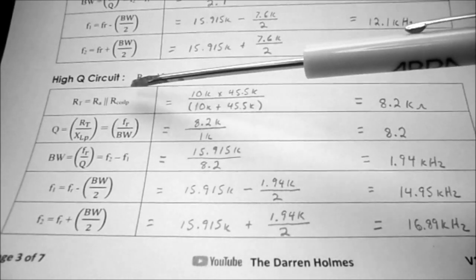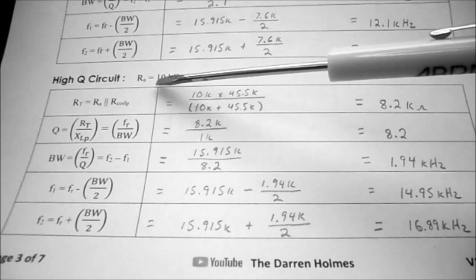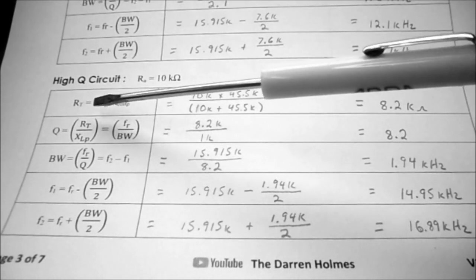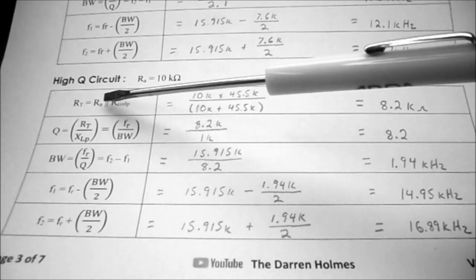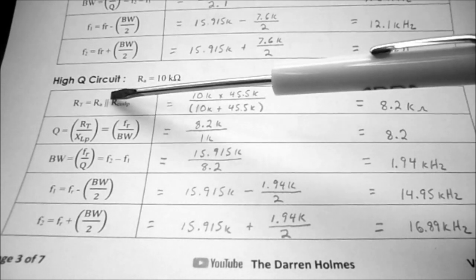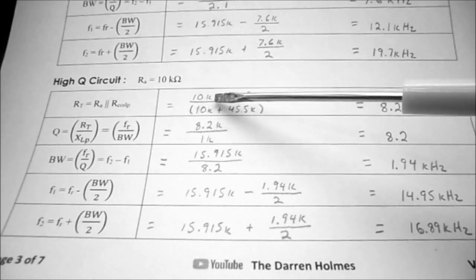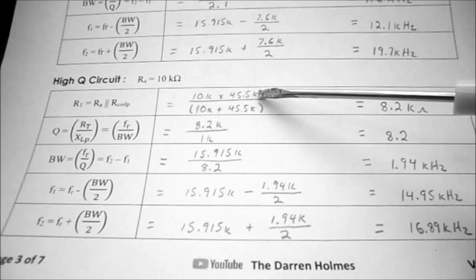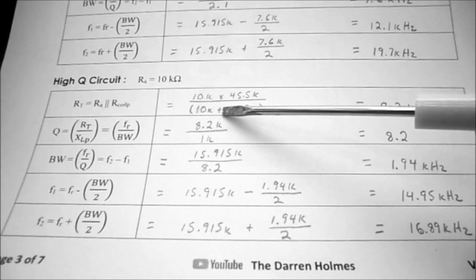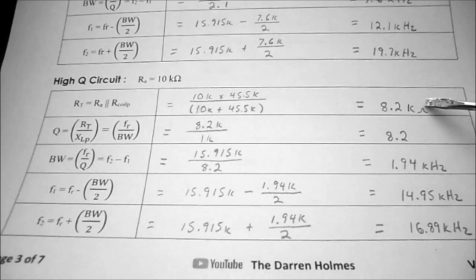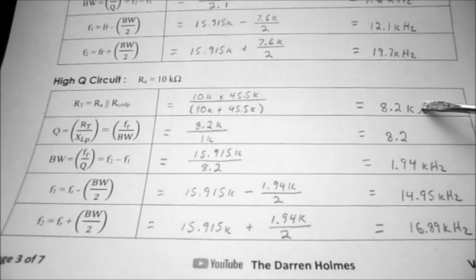So the calculations for the high Q circuit, where RA equals 10K ohms: the first thing we're going to find out is what the total resistance is, and that's equal to RA in parallel with our coil parallel equivalent. And that's 10K times 45.5K divided by 10K plus 45.5K, and that works out to 8.2K ohms.